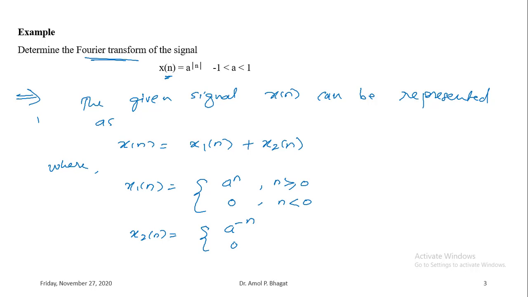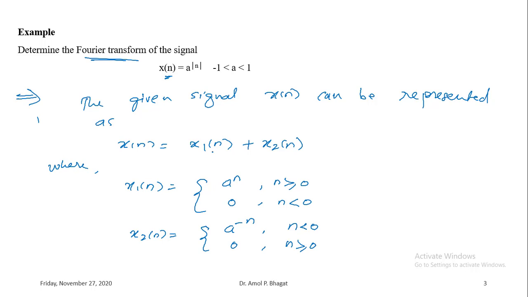Here we need the value of n to be negative, so that minus minus will be plus. So this will be true for n less than 0, that is for negative values of n, and it will be 0 for n greater than or equal to 0. These will be the values of x1 of n and x2 of n.